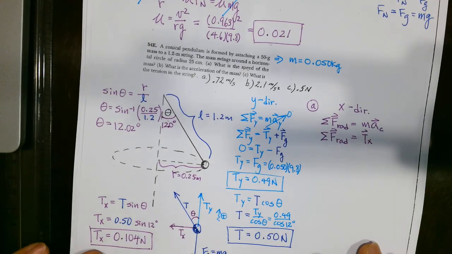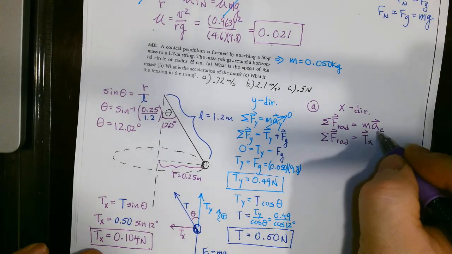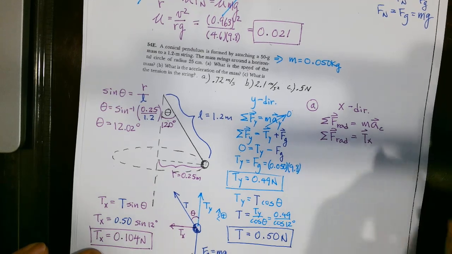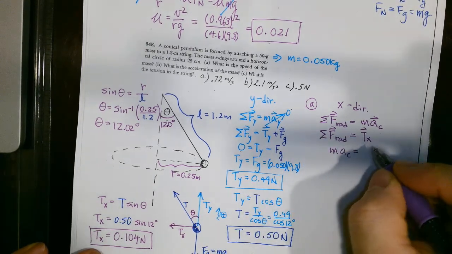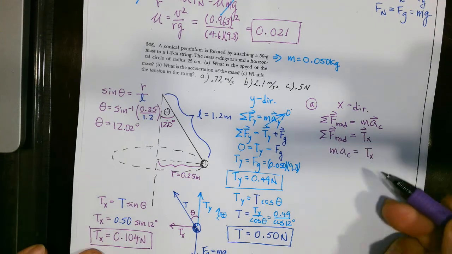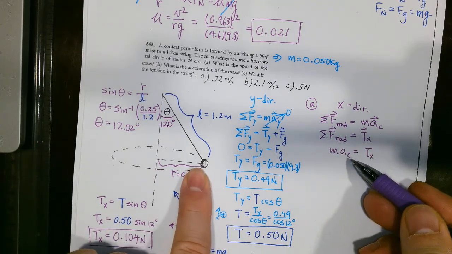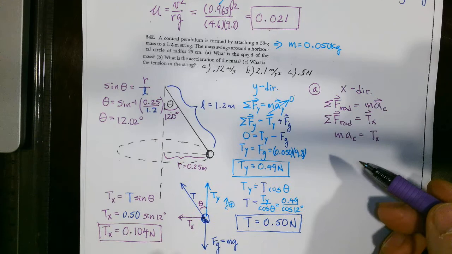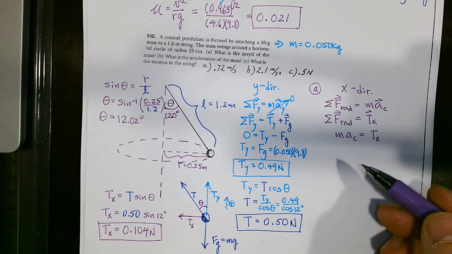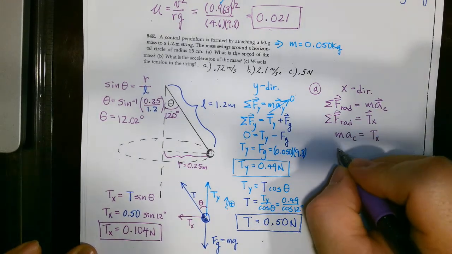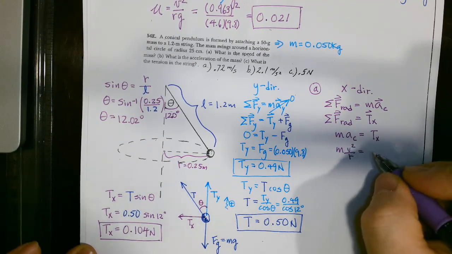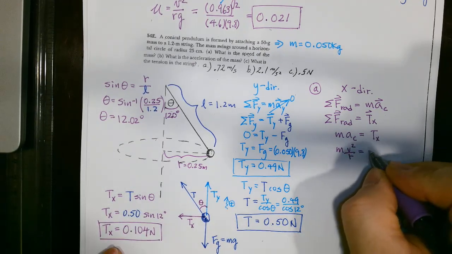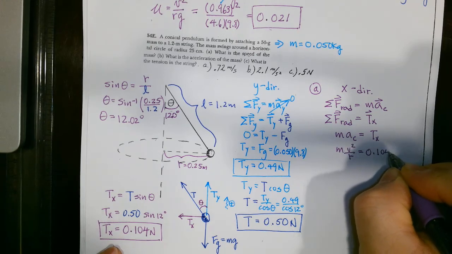Okay? So here, MAC is equal to Tx, which is positive direction because it is pointing along the AC direction, right? So mv squared over r is equal to Tx, which is 0.104.